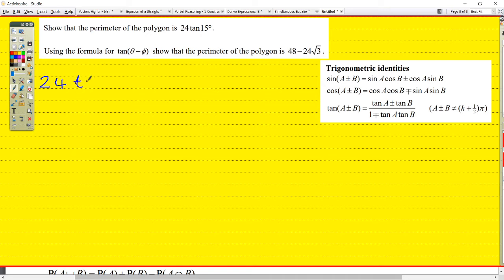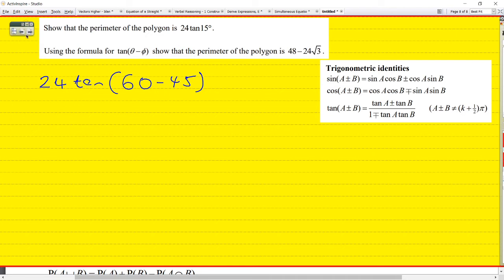Oh yeah. It just seems so silly because tan 15 is a special angle itself. But anyway. And then it is equal to 24 times tan 60 minus tan 45 over 1 plus tan 60 tan 45.